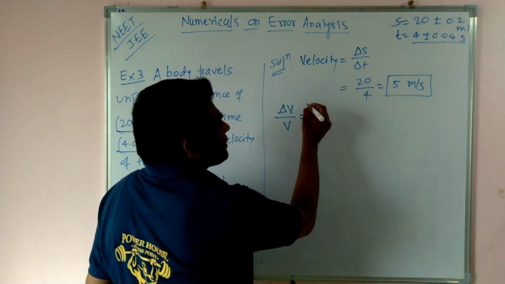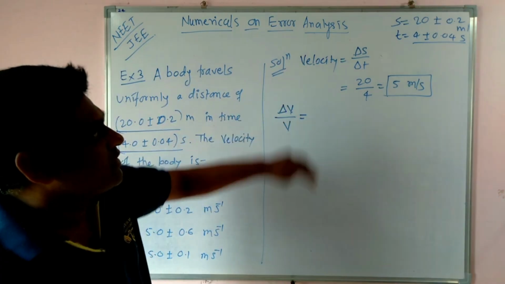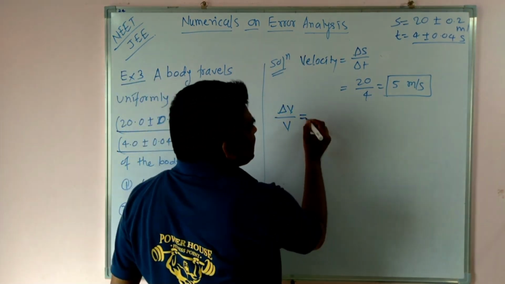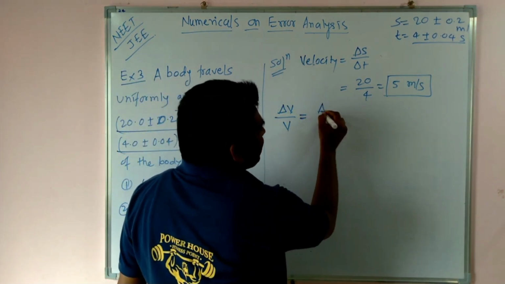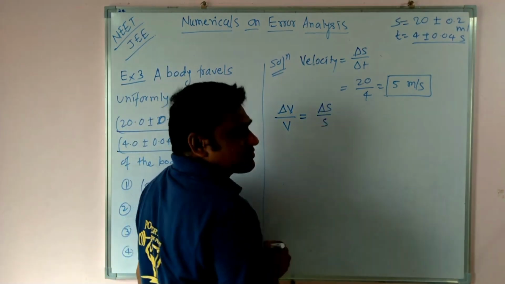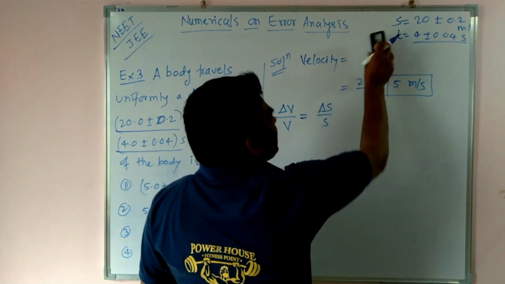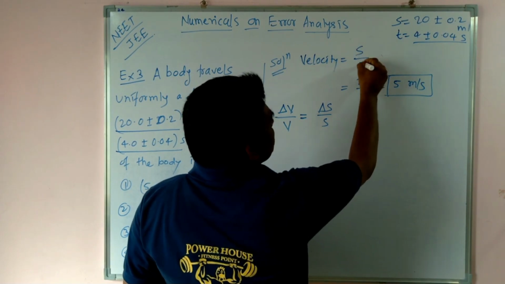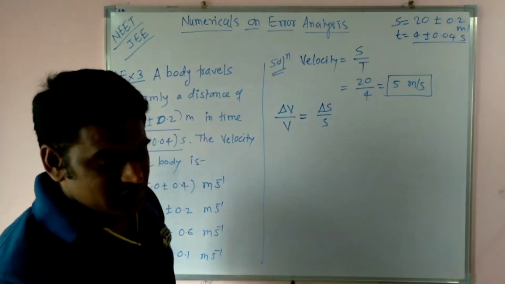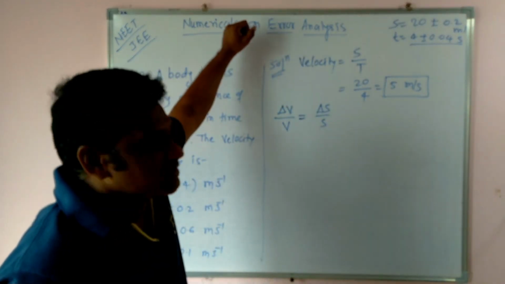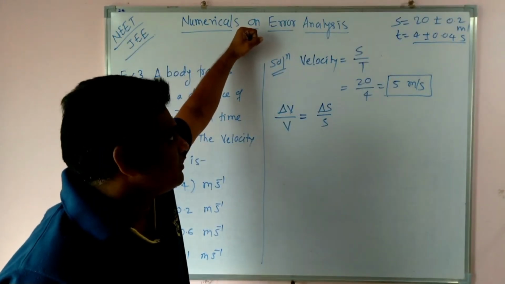This relative error or fractional error in velocity can be written as the addition of the relative error in displacement and the relative error in time. Here I will simply write it this way, so that you do not confuse time with this delta error and this small displacement.